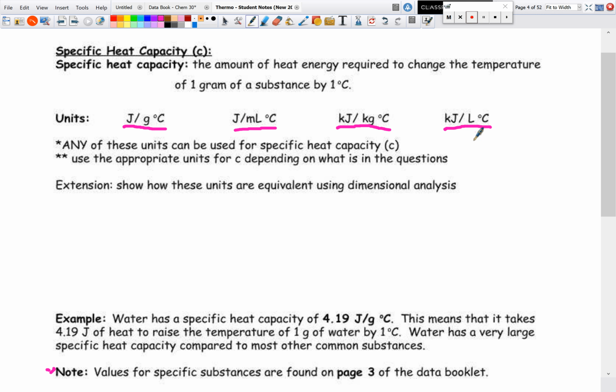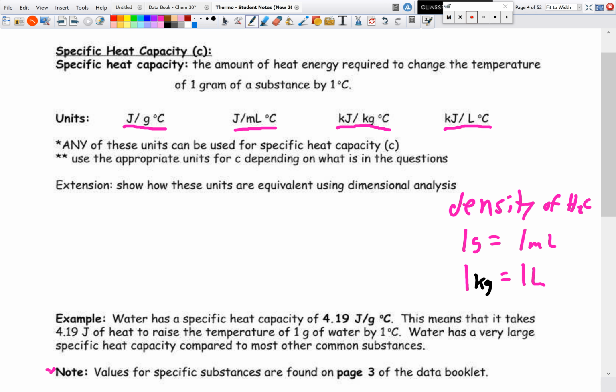As for the ones with volume, the reason is the density of water. 1 gram is equal to 1 milliliter, and 1 kilogram is equal to 1 liter. That's why joules per gram and joules per milliliter match up, because 1 gram of water is equal to 1 milliliter, and the same thing with kilograms and liters.